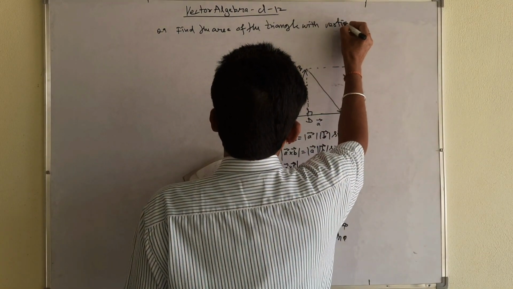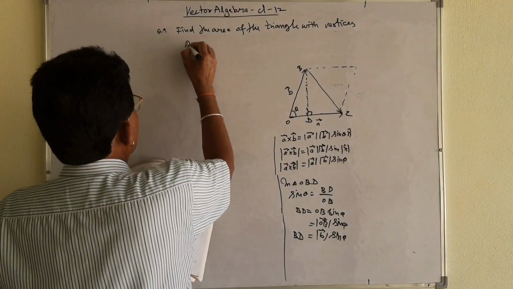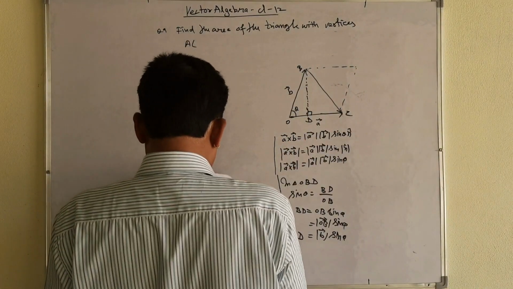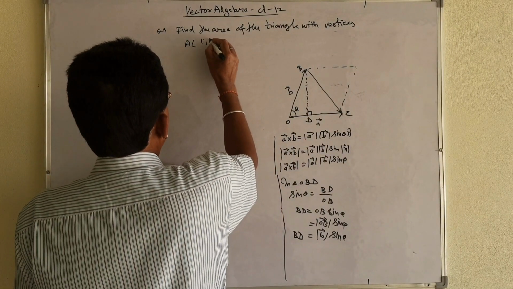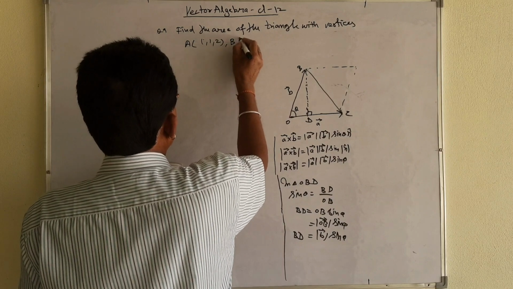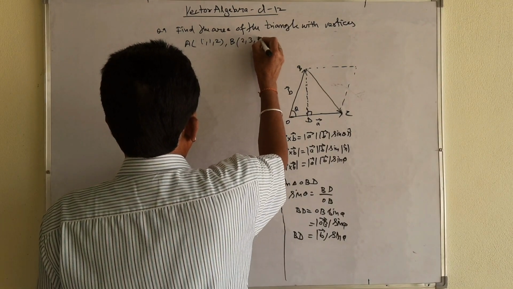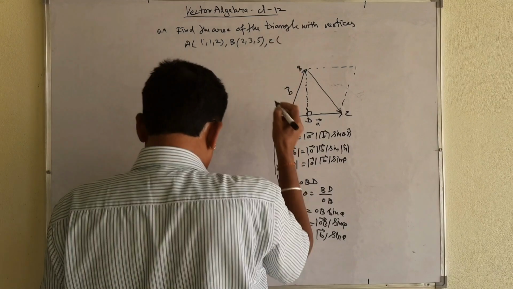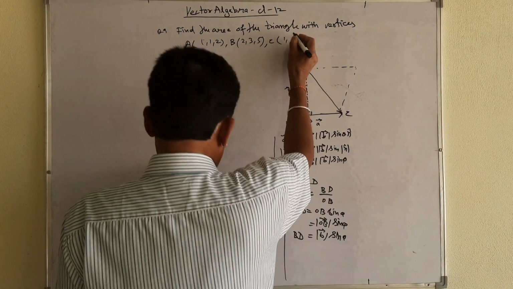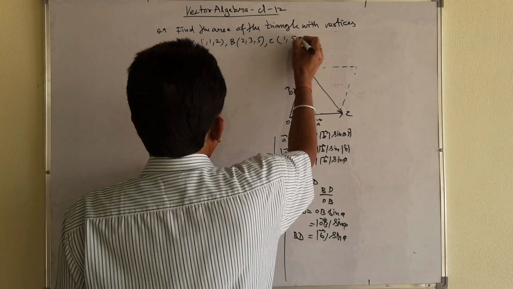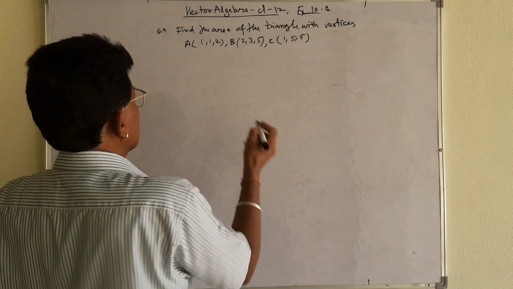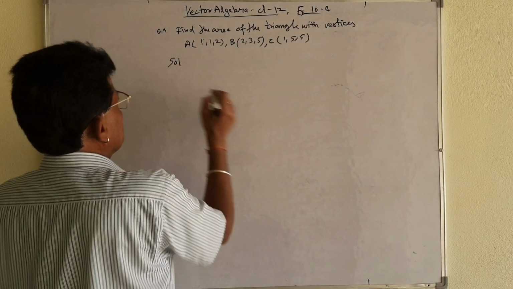Vertex A is given, my dear student, that is (1, 1, 2). Vertex B is given, B is (2, 3, 5). Vertex C is given, that is (1, 5, 5). Most important question, let me take the solution, my dear student.